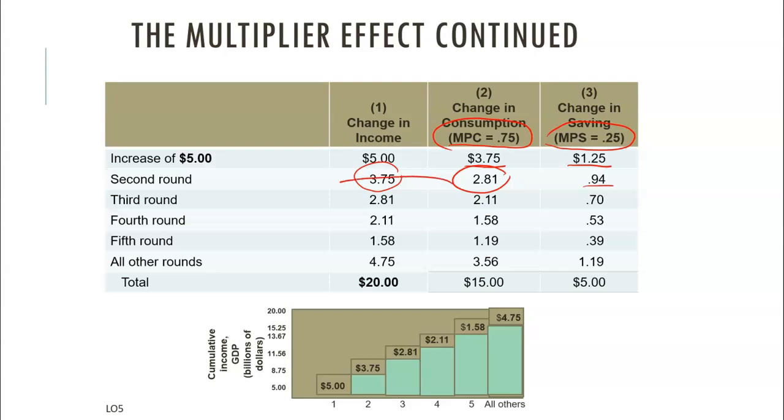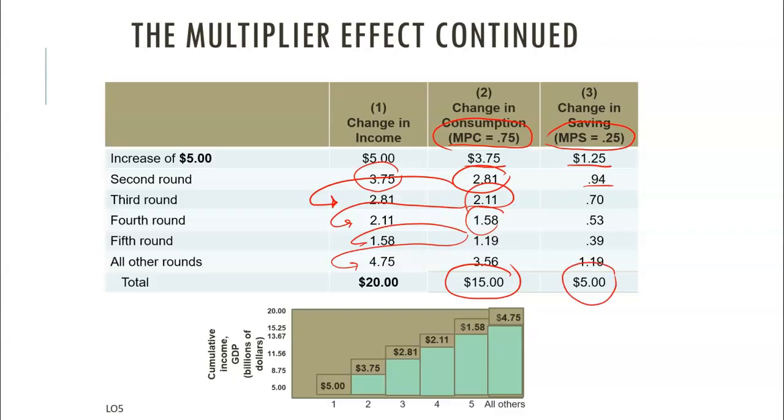This $2.81 that they spent becomes income for someone else, who then spends 75% of it, saves 25%. This becomes income for someone else, and so on and so forth. And if you continue doing this all the way down, for infinity, you get to a point where the total amount spent is going to be $15, and the total amount saved is going to be $5.